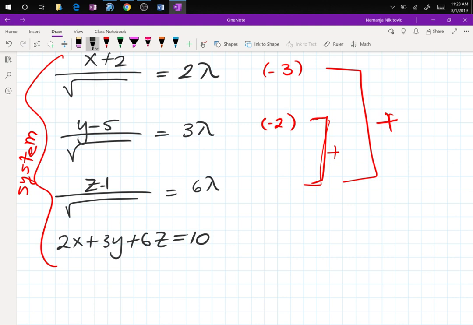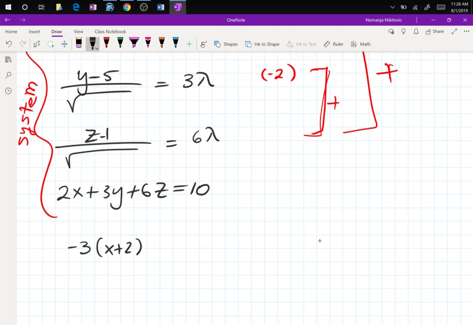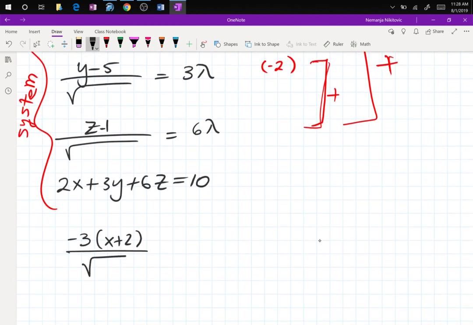So you have -3 times x plus 2 divided by the square root plus z minus 1 over the square root equal to 0. The z equation is not multiplied because it has 6 lambda. That's when you combine first and third.